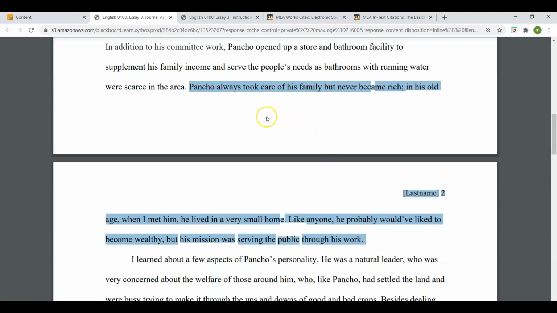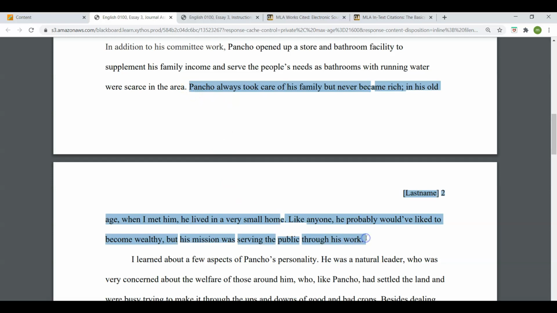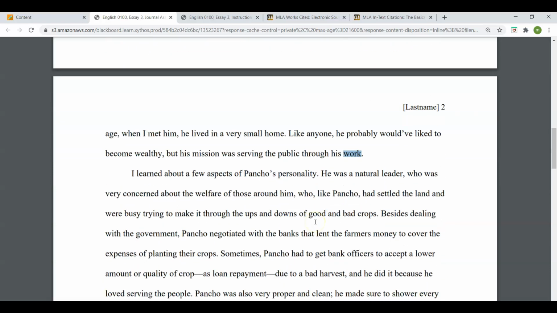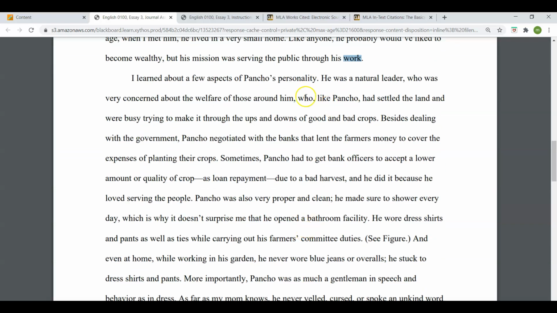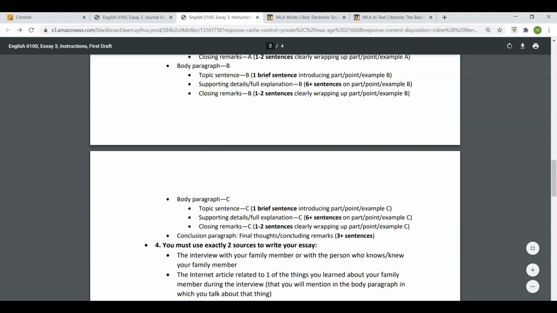So notice maybe those are my final two sentences. I don't know if you consider these two as my closing remarks or this one. But notice I use the word work, so it's absolutely clear that I'm closing the paragraph on that. I'm going to move on to body paragraph B, but please excuse me from having to come back to this. I'm not going to do that anymore, okay?